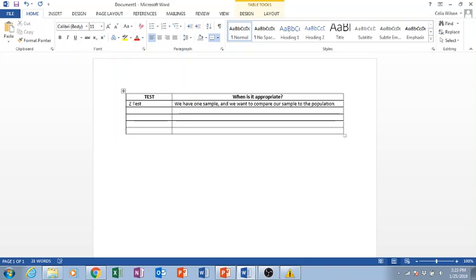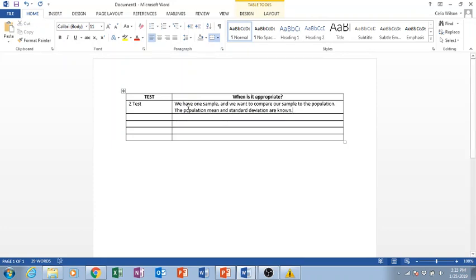But here's another particular thing about the Z-test. The population mean and standard deviation are known. Okay? So again, in real life, knowing the population mean and standard deviation is pretty, I don't want to say pretty rare, but it's just something we don't encounter a lot in education research anyway.